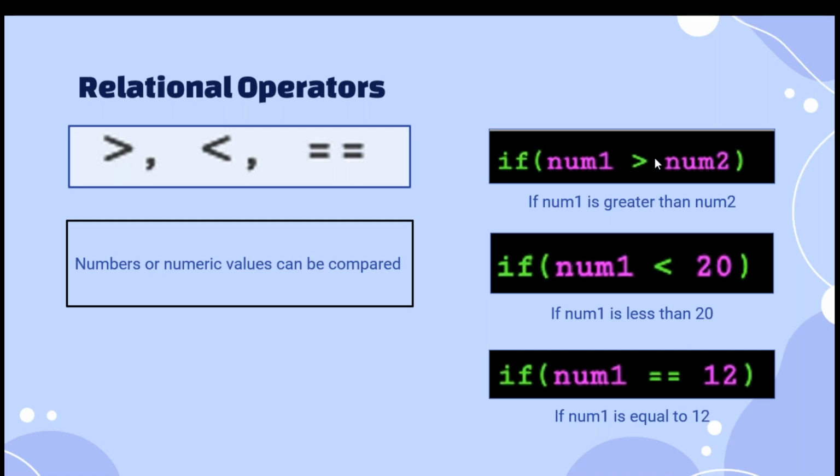It's just assigning it the value of this. So if you had, for example, num1 is equal to 1, it doesn't mean num1 is actually equal to 1. It just means num1 is assigned the value 1. So if there are two equal to signs, it actually means that this is actually equal to this. So in this case, num1 is equal to 12.